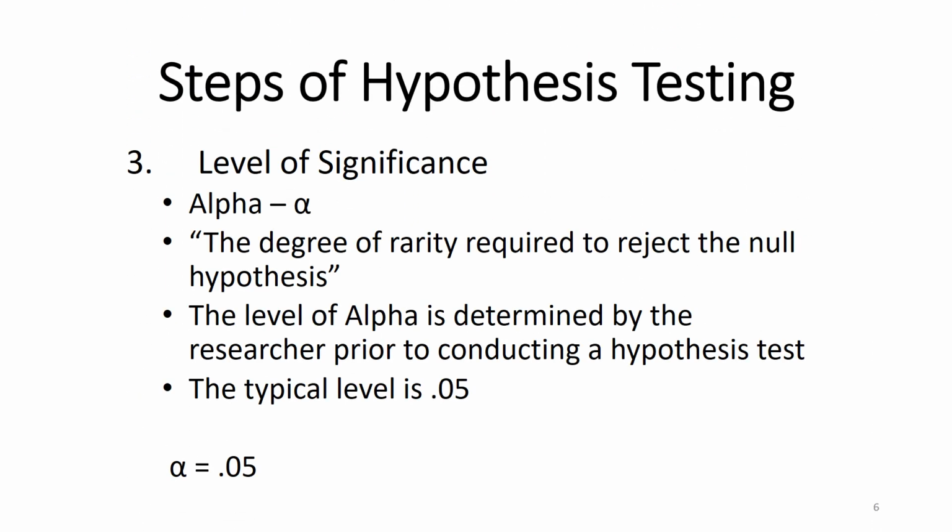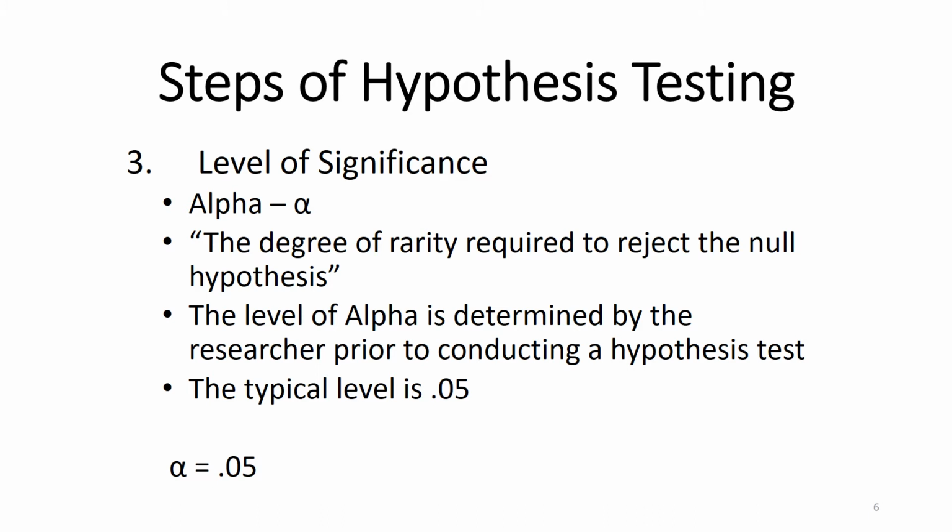All right. Step 3 of a hypothesis test is what is known as the level of significance, or alpha. So the level of significance, or alpha, as you can see defined by one of the bullet points, is the degree of rarity required to reject the null hypothesis. In order for us to make our decision in a hypothesis test, as I said earlier, we're going to have to pick one of the two hypotheses, either the null hypothesis or the research hypothesis.